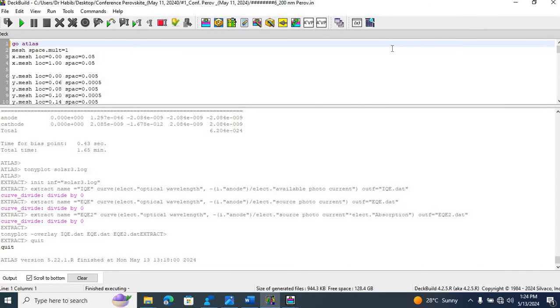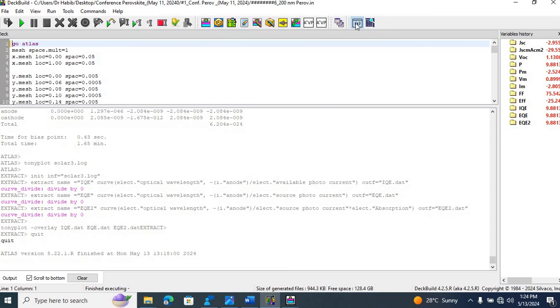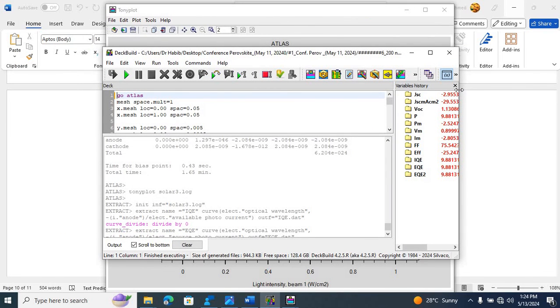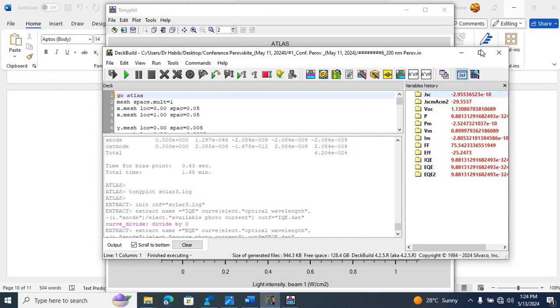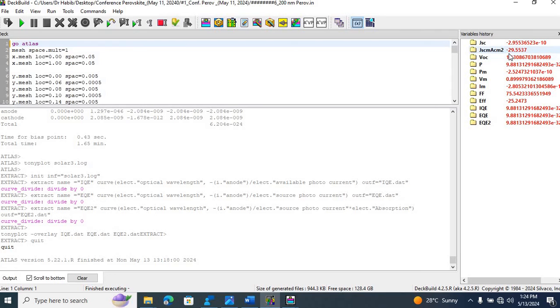We can also look at the performance parameters, or in other words the figures of merit, for the perovskite solar cell. So if I click on this icon, we see the short circuit current density, which is around 29.55 milliamps per meter square.